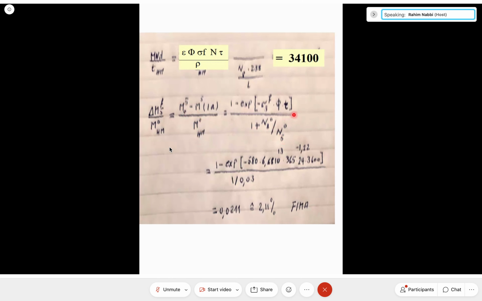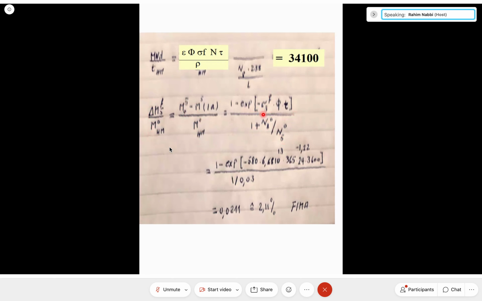Now, please take into account that this ratio we are calculating is not the ratio for the loss term due to the total absorption. It is only by the fission way because of that sigma F here.